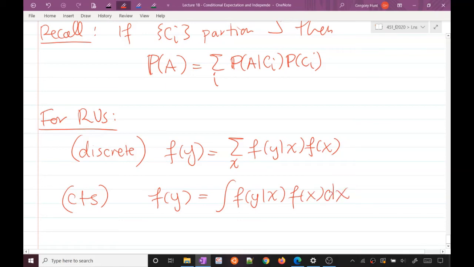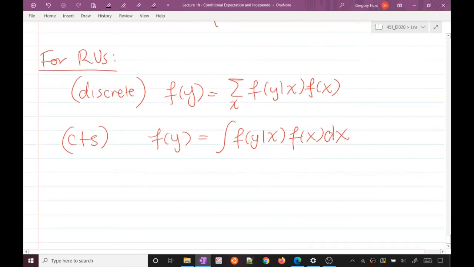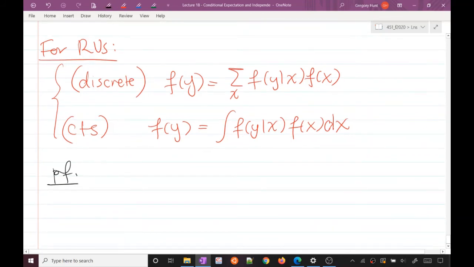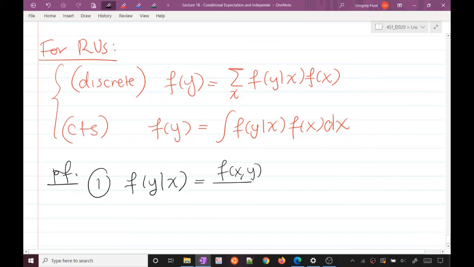Okay. Proof of this, you can even do a little proof, why not? And let's just look at the continuous case, right? So the proof says that, first of all, note that our definition of conditional PDFs in this case is that f of y given x is the joint f of xy over fx.